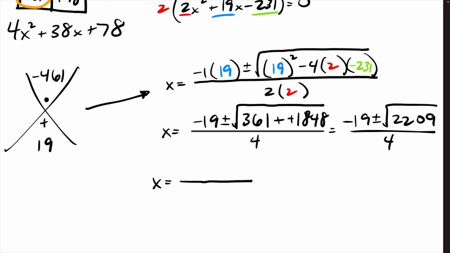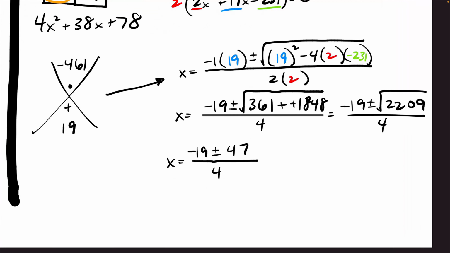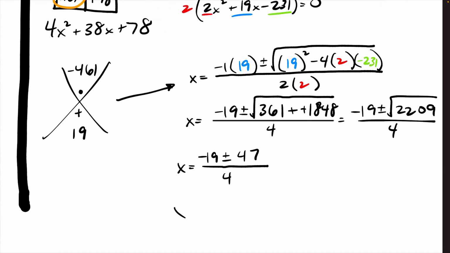Okay. So negative 19 plus or minus, what's the square root of 2,209? I'll tell you, it's a whole number. It's 47. It's not an i because it's a positive 2,209. So we're going to have two answers. I'm going to have negative 19 plus 47 divided by 4, and I'm going to have negative 19 minus 47 divided by 4.